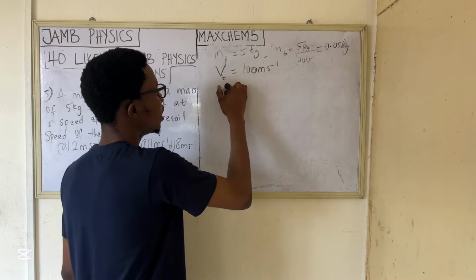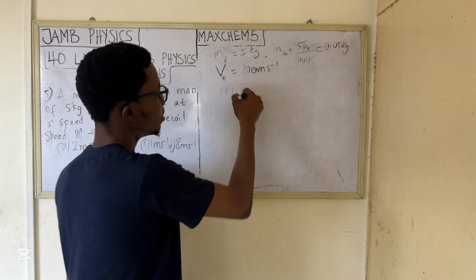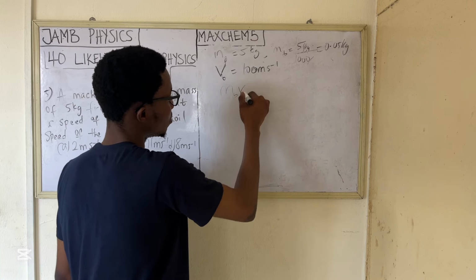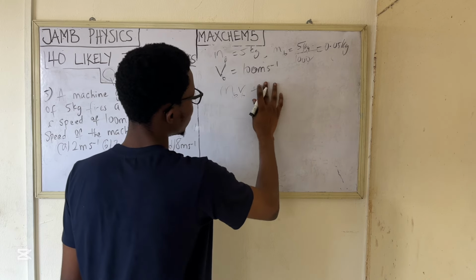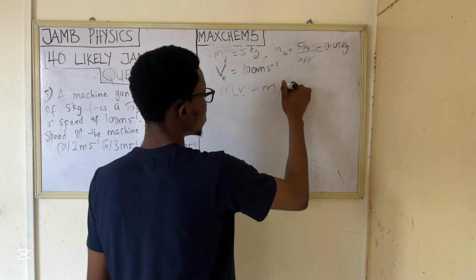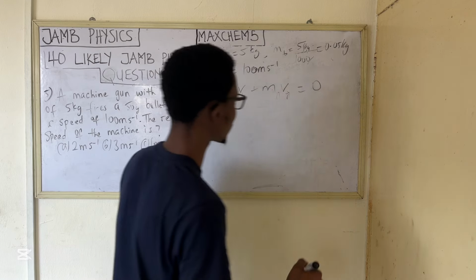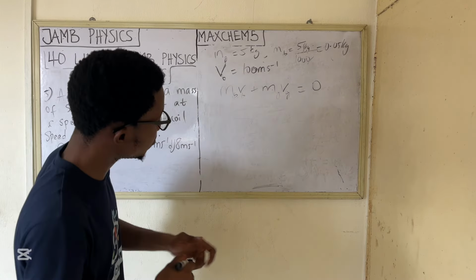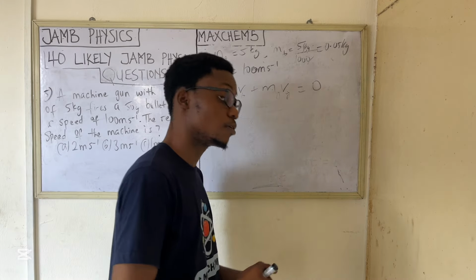So we are going to say mb vb plus mg vg is equal to 0. That is the momentum of our bullet plus the momentum of our gun is equal to 0.